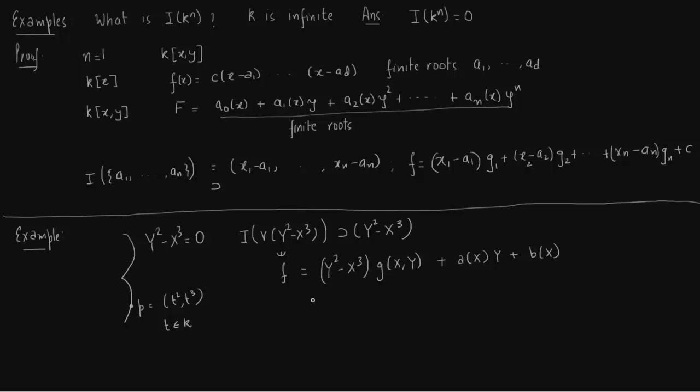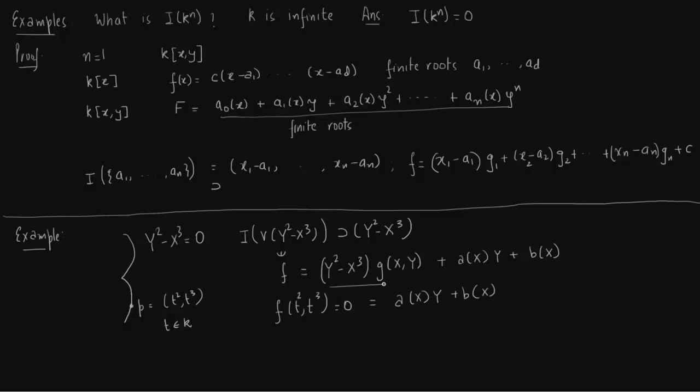Now we put in t squared and t cubed and evaluate f there. Since f belongs to the ideal of the variety, this polynomial will vanish. This is 0, but so is the first term, (y squared minus x cubed) g(x,y). So what we are left with is a(x)y plus b(x).